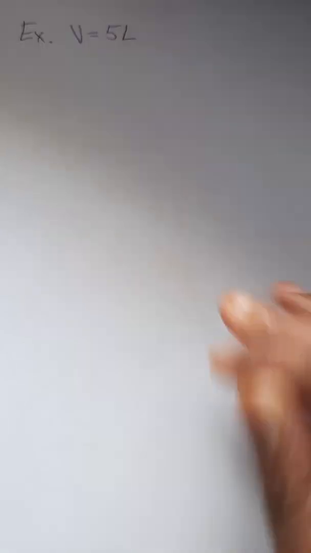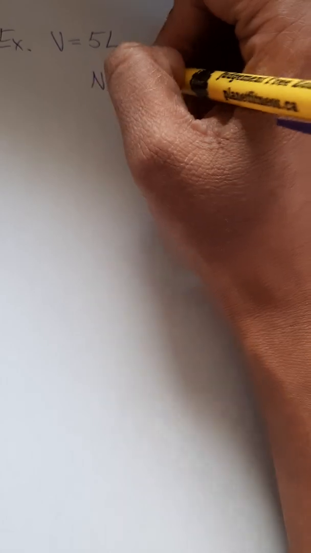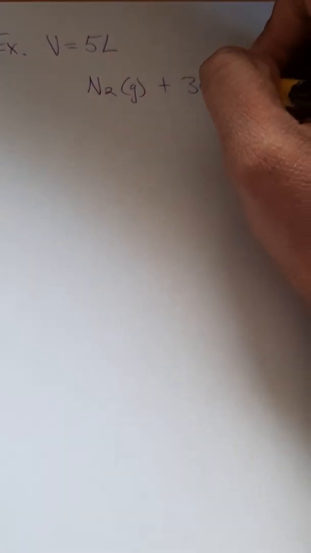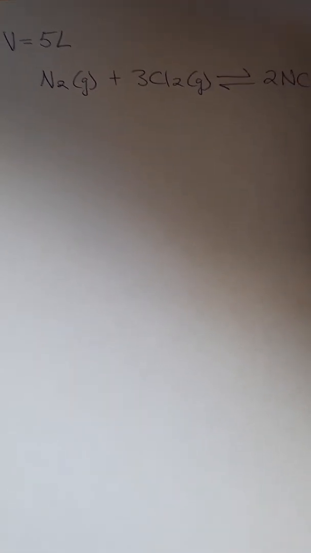So let's put that down, 5 liters. This is the equation that they give us: nitrogen plus chlorine, and these two arrows going in both directions just mean it's equilibrium, to 2NCl3 gas.